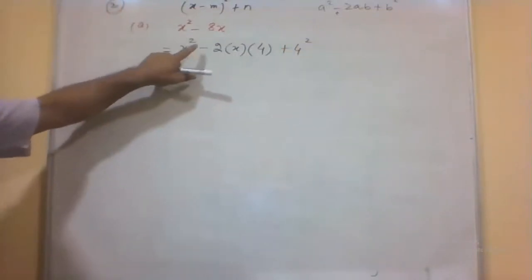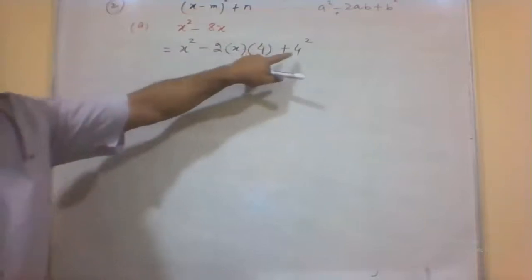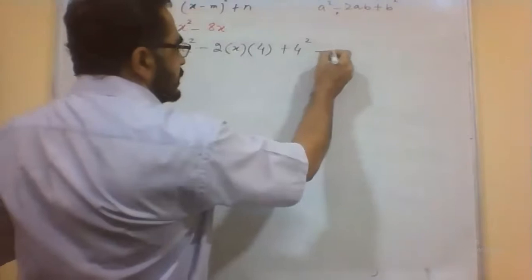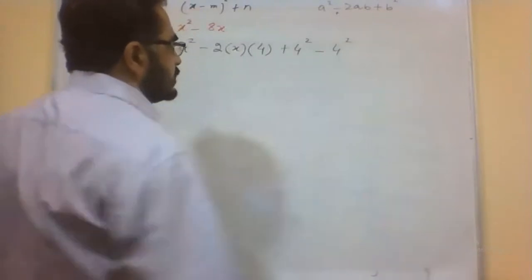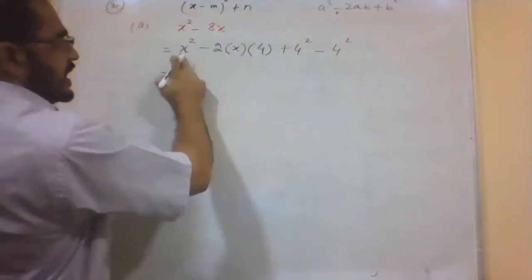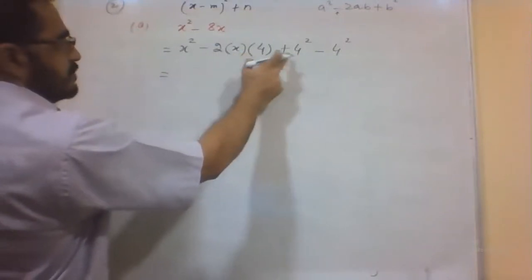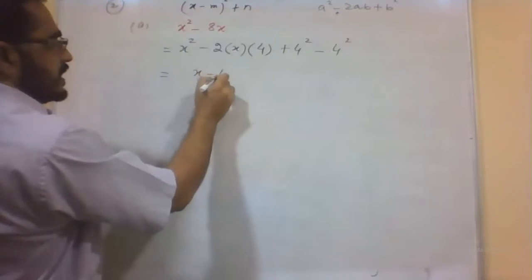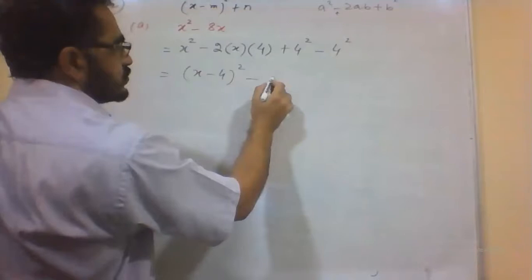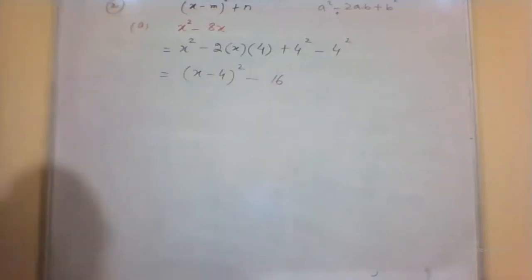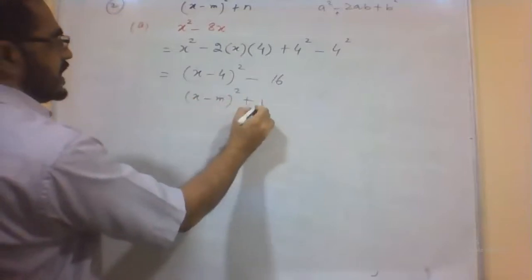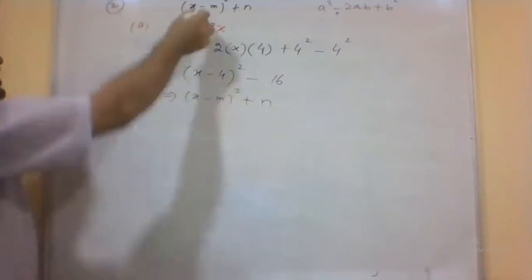So x square as it is, minus 8x as it is, then plus 4 square. 4 square is extra, so we will subtract this to make this form. Up to here is a square minus 2ab plus b square, a minus b whole square: x minus 4 whole square. And this 4 square is 16. This is the form x minus m whole square plus n. This is the required form.